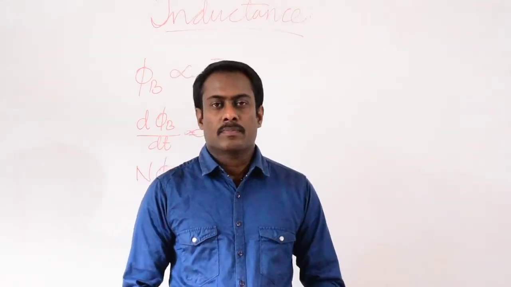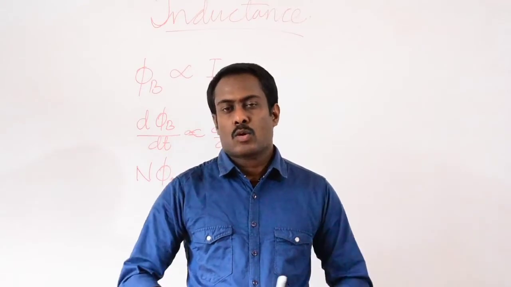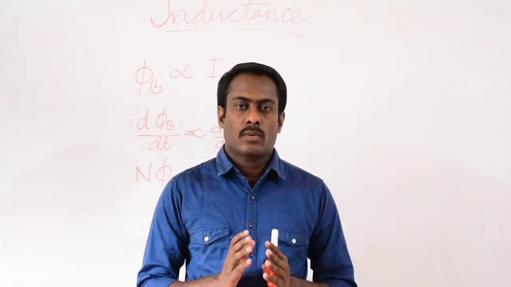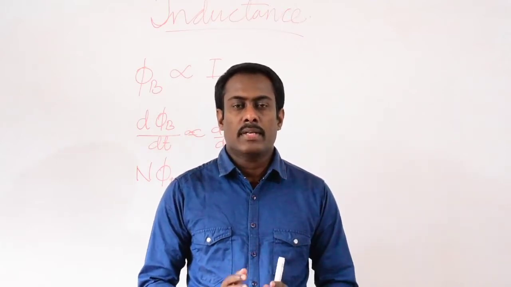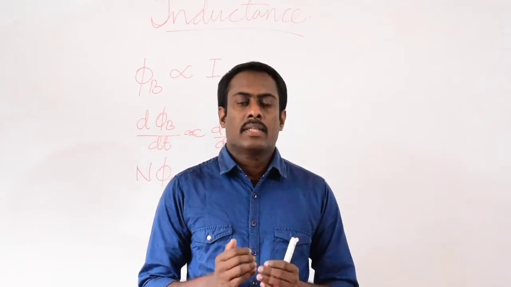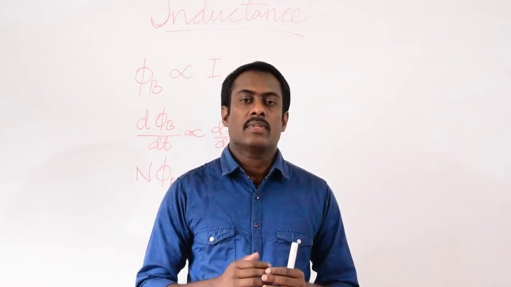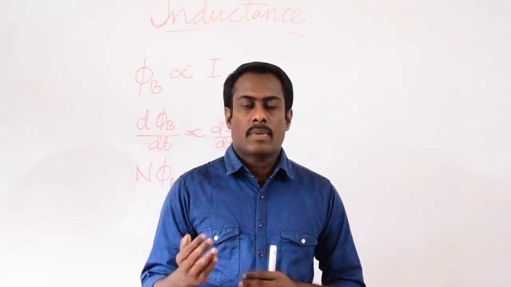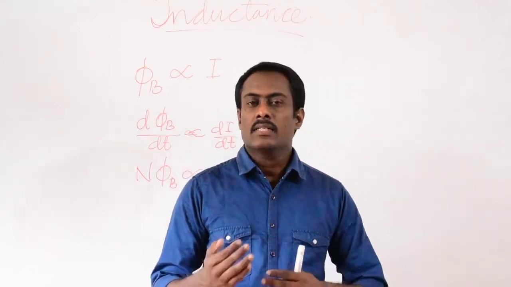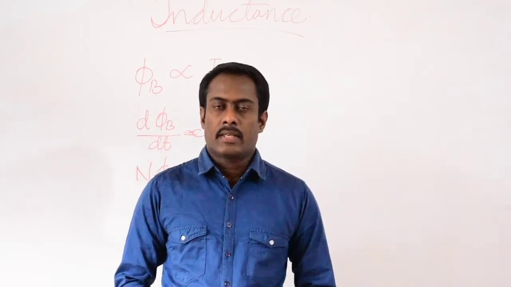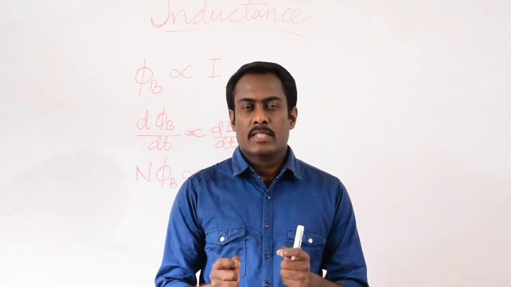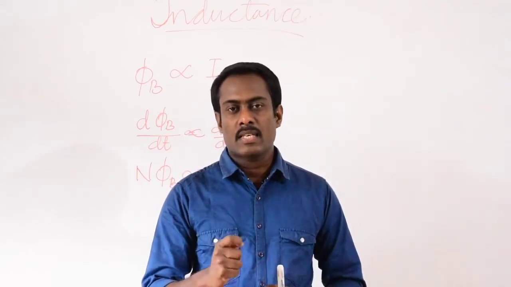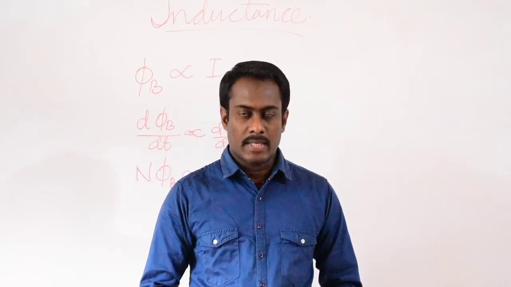As I said before, inductance is of two types. When a current carrying conductor or coil induces an EMF by the magnetic flux associated with another coil, or by the magnetic flux associated with the same coil, then if the induced current is produced by the change in the magnetic flux associated with the same coil, it is called self-inductance.